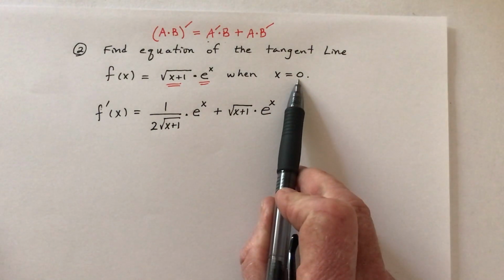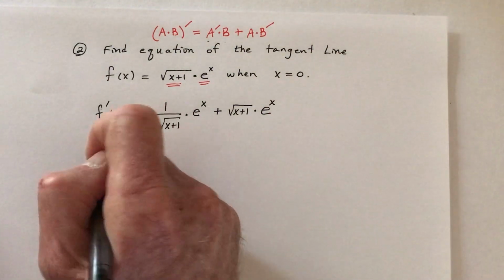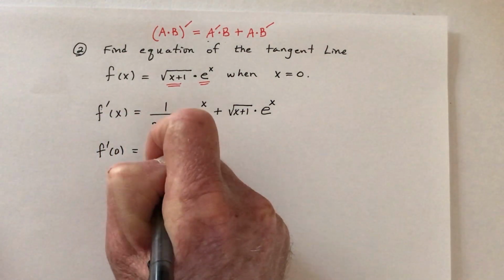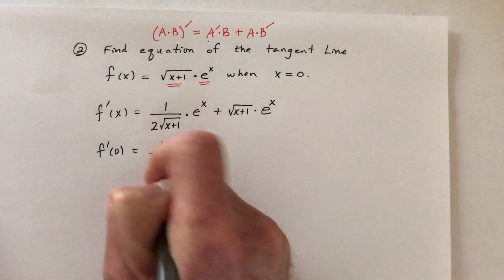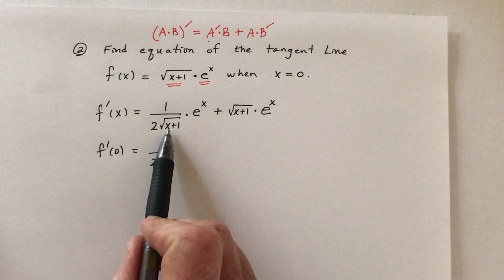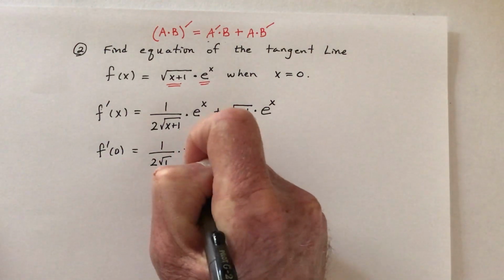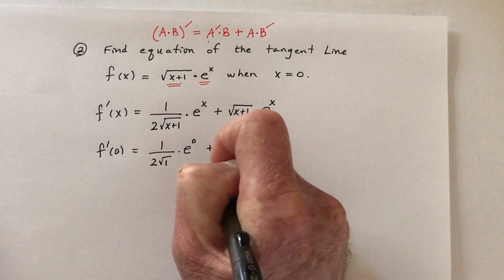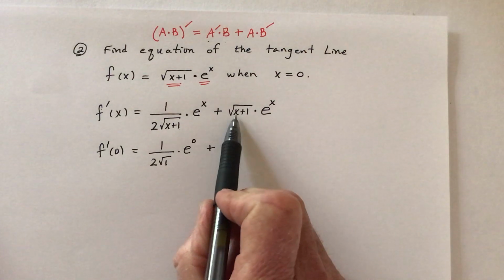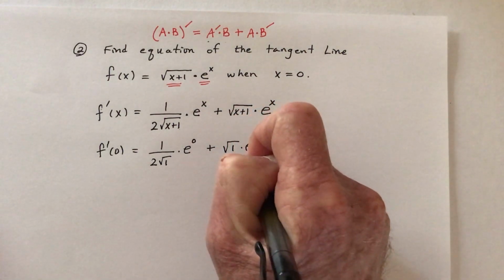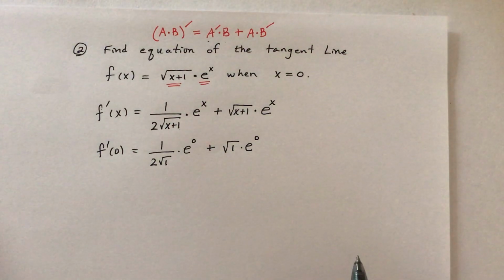Now the next thing to do is plug in x equals 0. So f prime at 0 will be 1 over 2 times, this is just going to be 0 plus 1, so that means it's the square root of 1, and e to the 0.